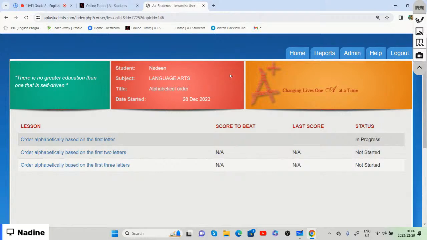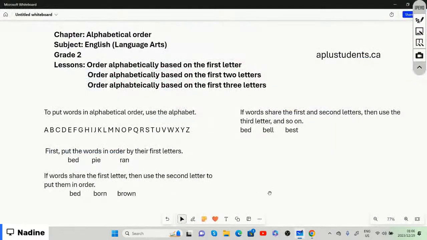All right, so alphabetical order, that is basically our subject for today. So our chapter is alphabetical order. Our subject is English, which is language arts, grade 2. And the lessons that we are going to be focusing on today under the chapter of alphabetical order are to order alphabetically based on the first letter, and we're going to go over that today.